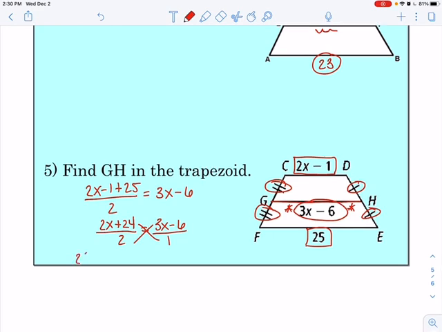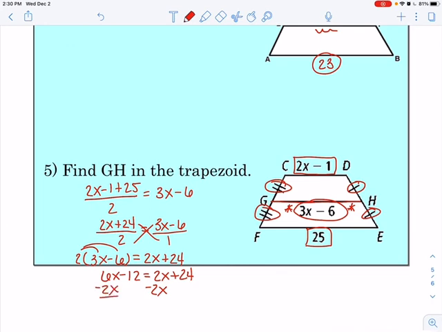So you're going to have 2 times 3x minus 6. 1 times anything will just be itself. So that's going to equal 2x plus 24. We'll distribute that 2 through. So I'll have 6x minus 12 equals 2x plus 24.